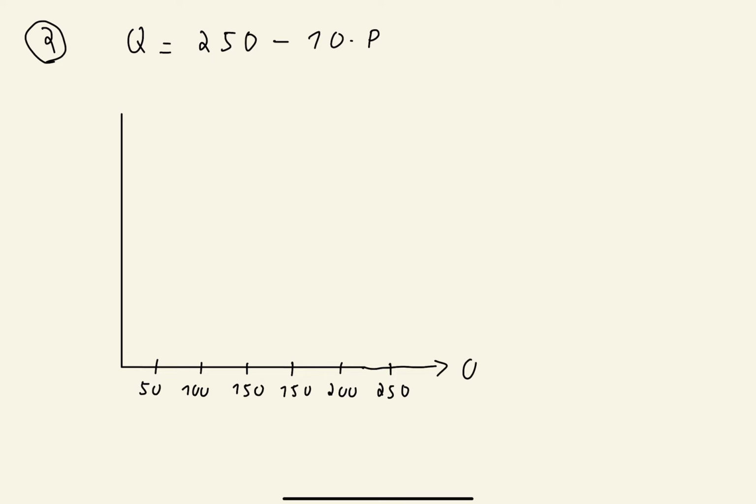So this is Q, the quantity, and this is on the x-axis. On the y-axis, we will have the prices, and the prices will start $5, go to $10, 15, 20, and 25.